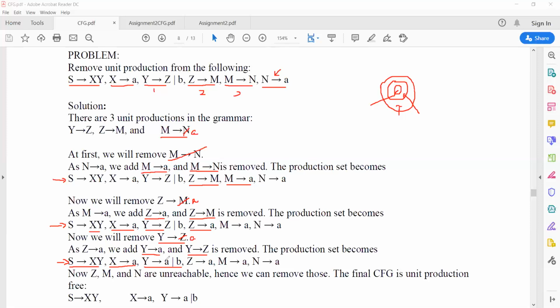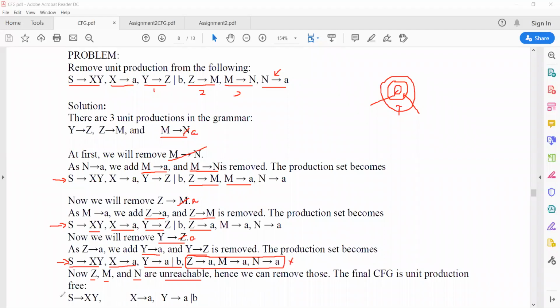As a result, we have Y produces A, Z produces A, M produces A, and N produces A. But you can see that Z, M, and N are unreachable from S, because they cannot form a sentential form. Since they are unreachable, you can remove these three production rules from the grammar.